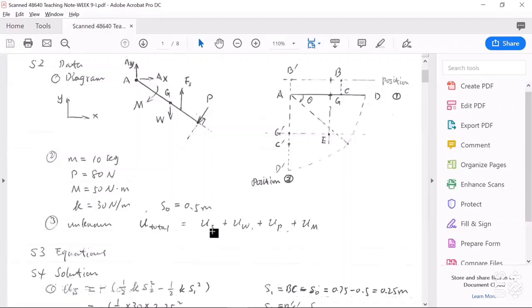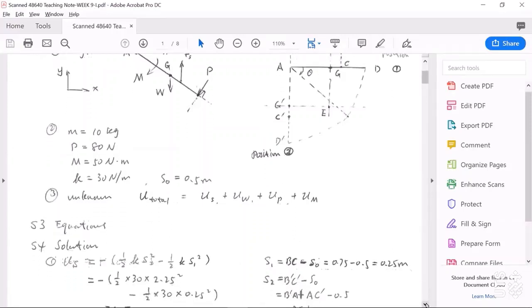So this includes US, the work done by the spring force, UW, the work done by the weight force, UP, the work done by the external force P, and UM, the work done by the couple moment.